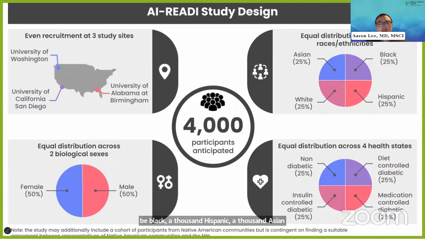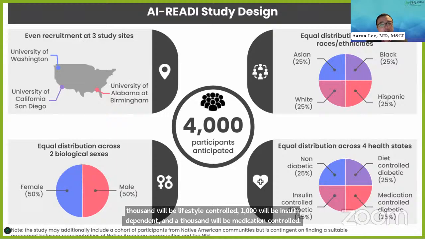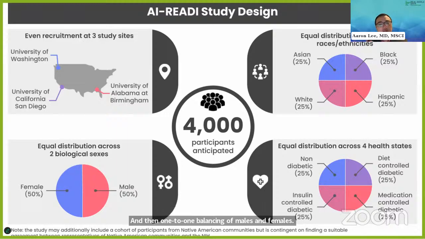Equal distribution across different health states: 1,000 non-diabetic, 1,000 lifestyle controlled, 1,000 insulin dependent, and 1,000 medication controlled. And then 1-to-1 balancing of males and females. The idea is that if you train a model using the sum total of this data set, it'll hopefully be robust and generalizable to these other populations.